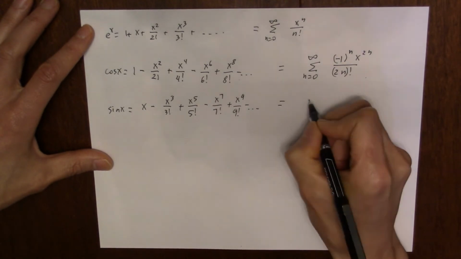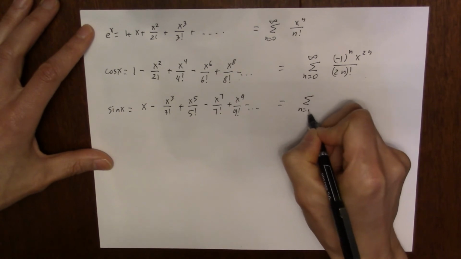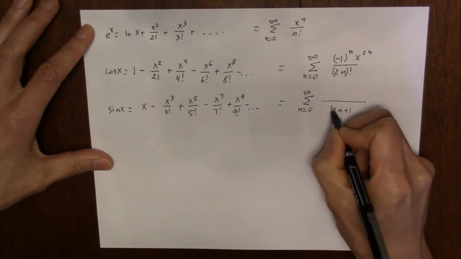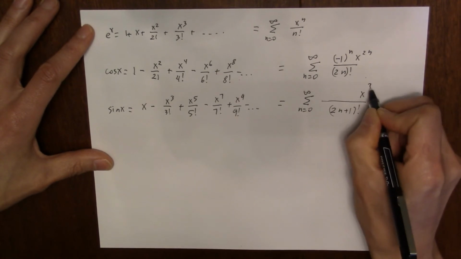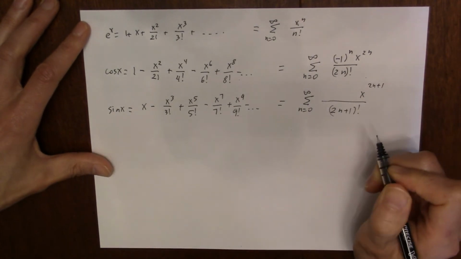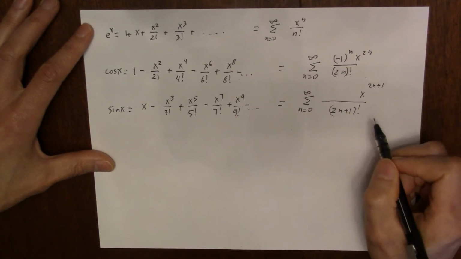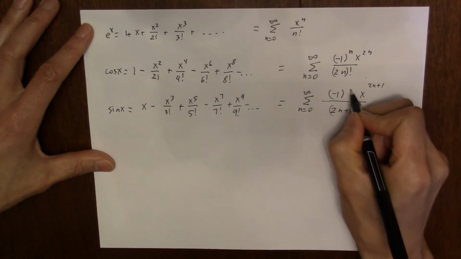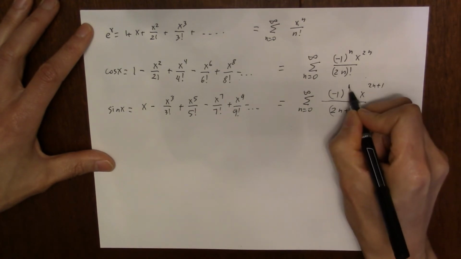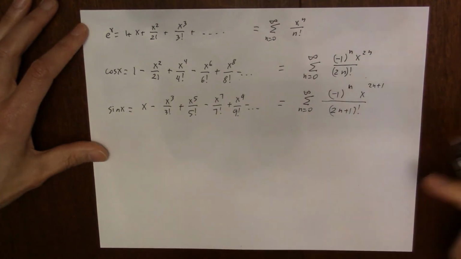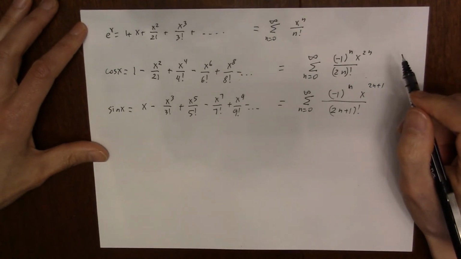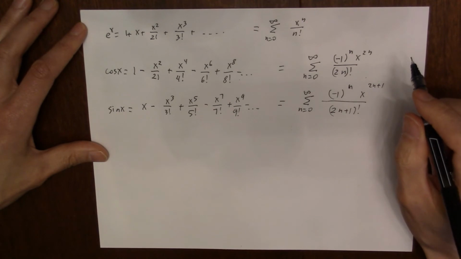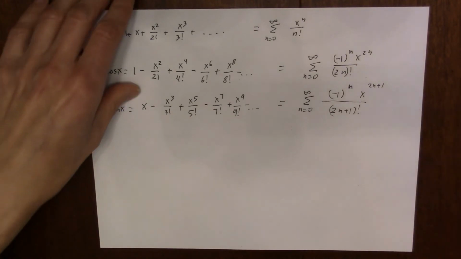Or using sigma notation, n from 0 to infinity, negative 1 to n, x to the 2n plus 1 over 2n plus 1 factorial, because we want to go by odd powers. Those are three basic Maclaurin series which we want to remember. We're going to add a couple more to it, particularly the general binomial theorem.